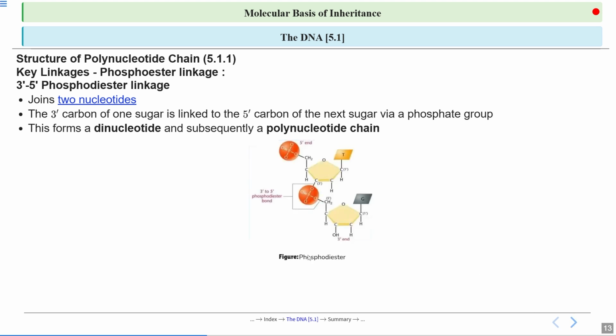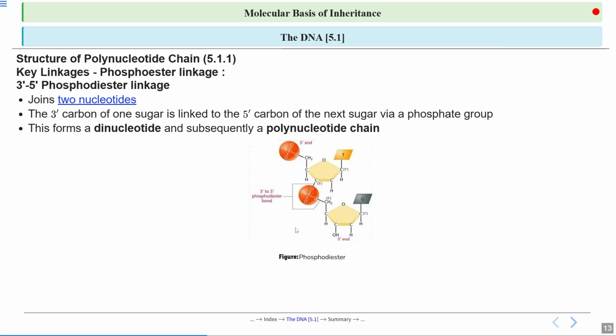So here you can see what is happening. There has been joining of, here you can see this is one of the deoxynucleotides. Now what's happening at this 5' carbon is attached to this 3' carbon of the different nucleotide, via this phosphate group.